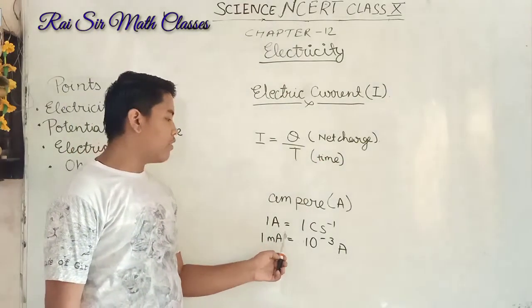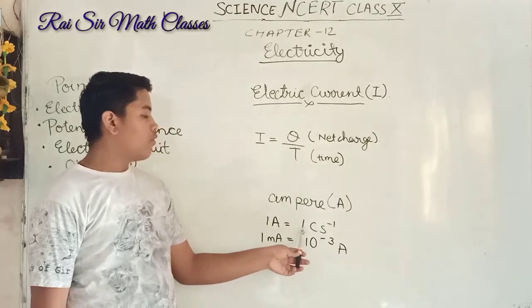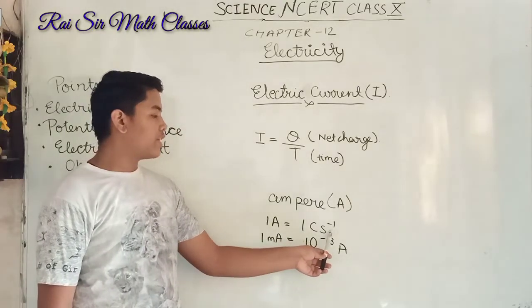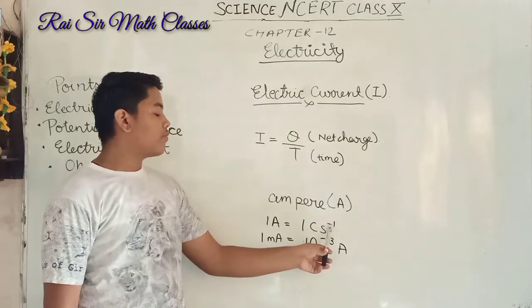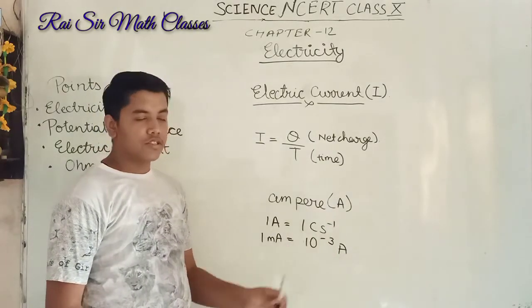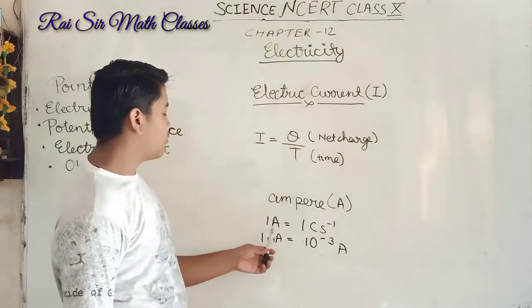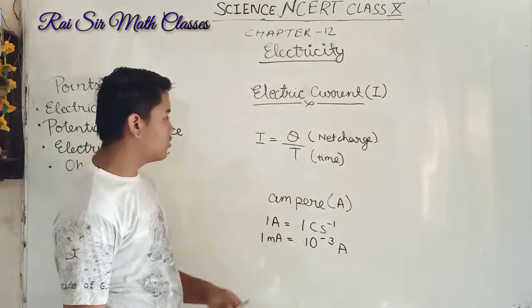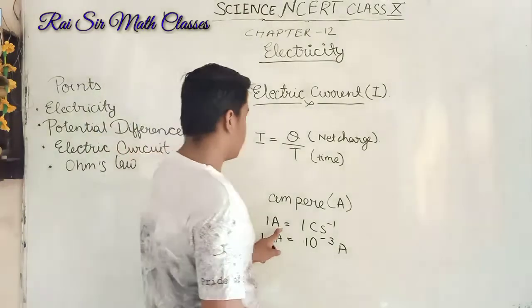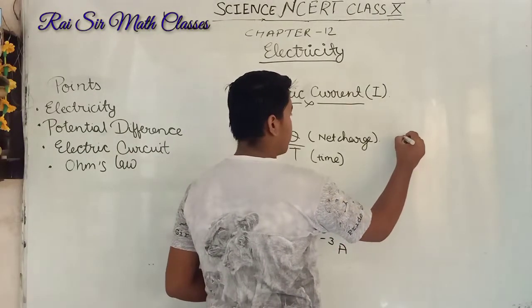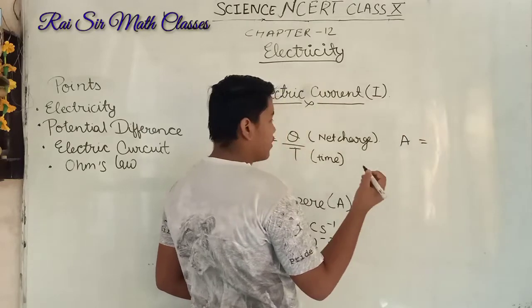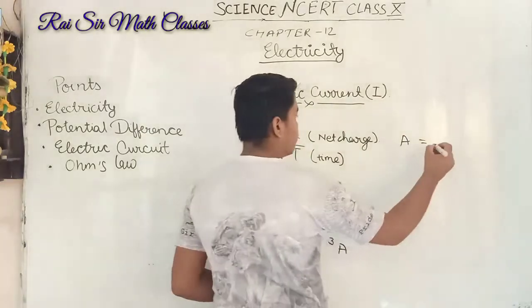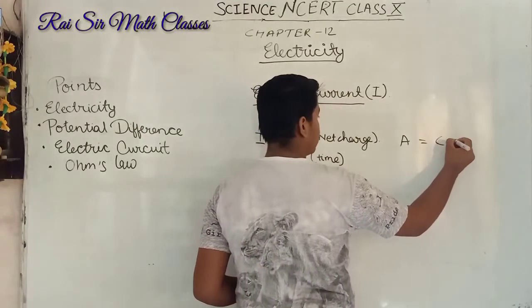So 1 ampere is equal to 1 Coulomb per second, or 1 Coulomb second inverse. So this can be written as 1 A equal to 1 C s inverse, where 1 is a constant value.